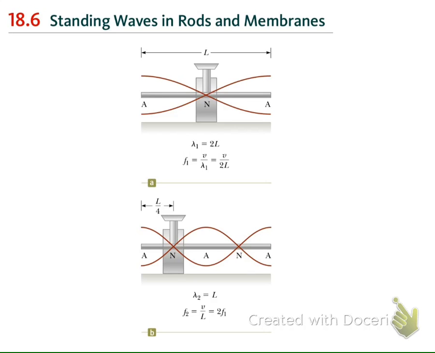We can also create the standing wave in a rod, or even in the two-dimensional plane. For example, in the laboratory, if you have a metal rod like this and you clamp it at a certain point and then strike the rod, you can make the longitudinal oscillation.